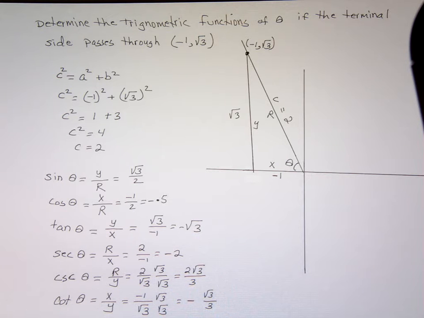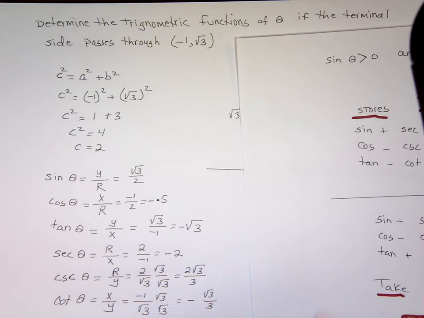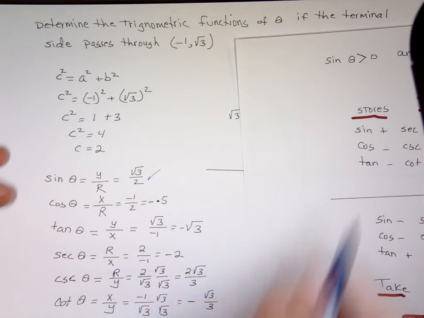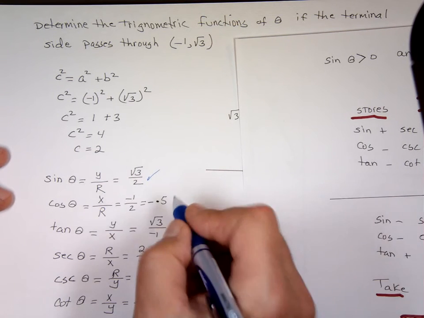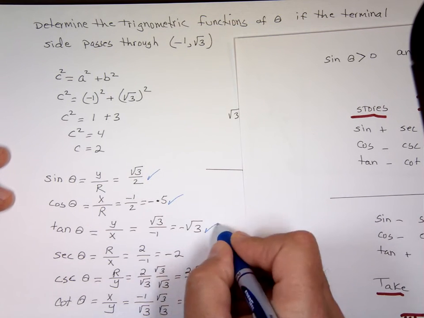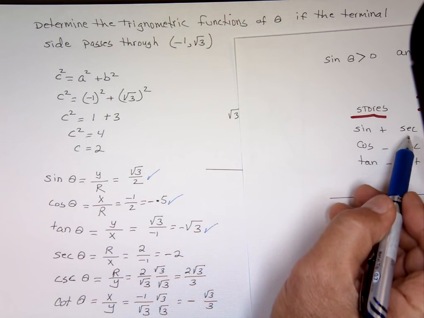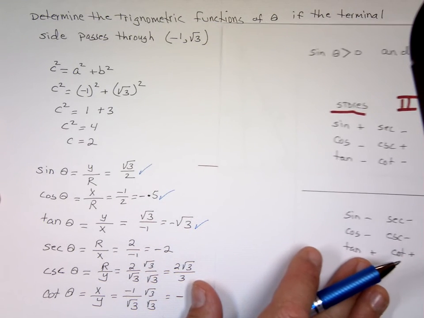Now let's see if we are right. Let's do a quick check here. We said the sine should be positive. Is my sine positive? Check. My cosine and tangent should be negative. Cosine is negative, tangent is negative. Check. Secant should be negative.